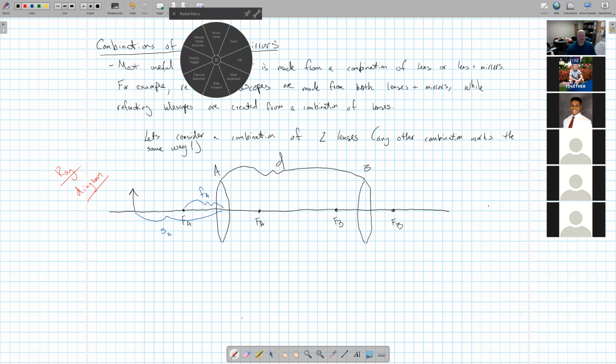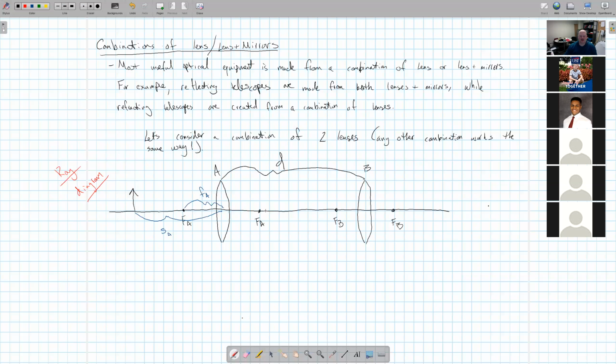Let's look at an example and see how to consider a problem made out of a combination of, in this case, 2 lenses. Even if this was a lens and a mirror, it would work pretty much identically. First, let's talk about how we draw a ray diagram. The way we draw the ray diagram is exactly the way we're going to do the math for it. We're going to consider only 1 lens or 1 optical object at a time.